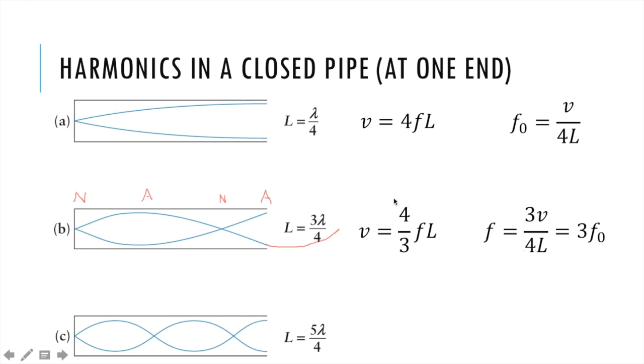Do make sure you can work through that algebra and try and notice what we have is 3 times our fundamental frequency. By definition, then, this is the third harmonic because it's 3 times the fundamental frequency, which is how we define our harmonics. What that means is there is no second harmonic for a closed pipe.